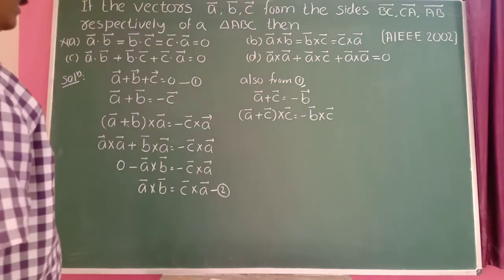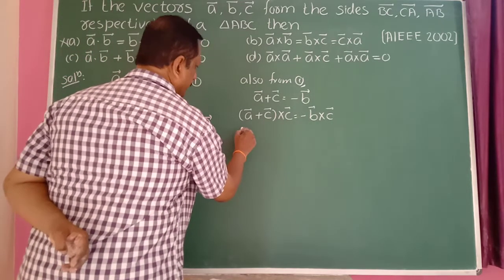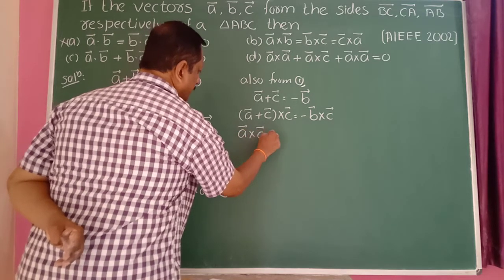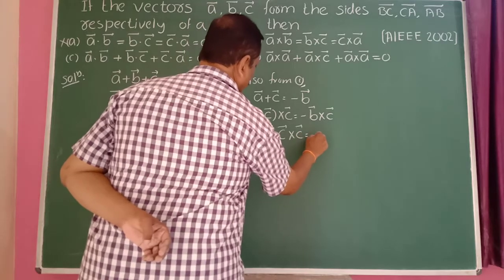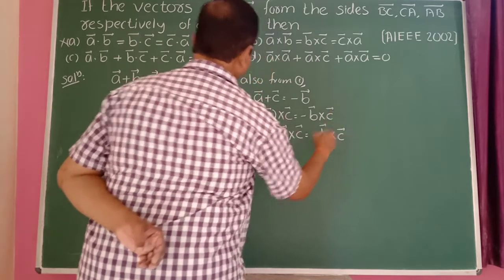Then A bar cross C bar here, A bar cross C bar plus C bar cross C bar is equal to minus of B bar cross C bar here.